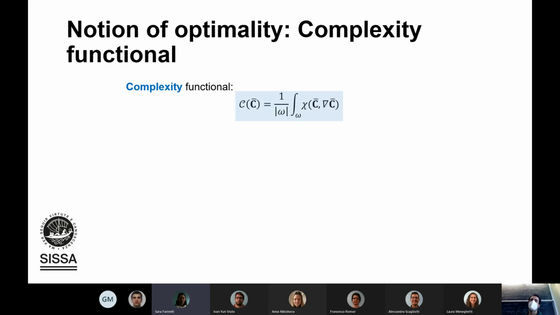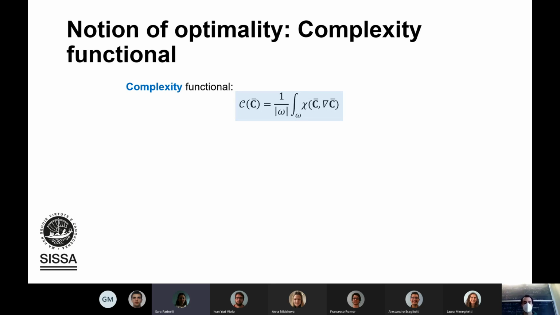We call it complexity because it is supposed to describe the complexity of the pattern of activity that we want to introduce in our body. So minimizing it means reducing the complexity of the activity pattern, which from an application point of view could be useful because one would like to produce a shape change in the simplest way.